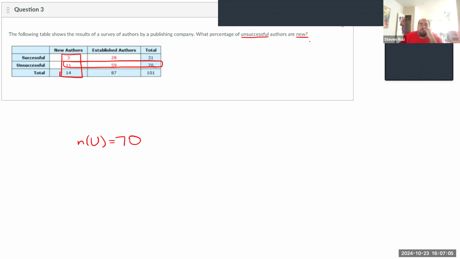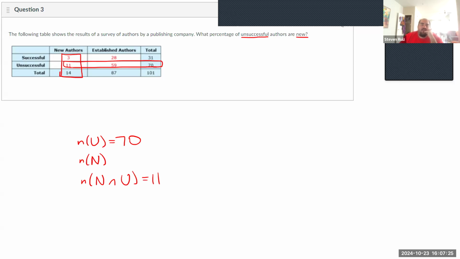I also care about the number of new authors? Not exactly. I want the number of authors who are new and unsuccessful. That number is 11.